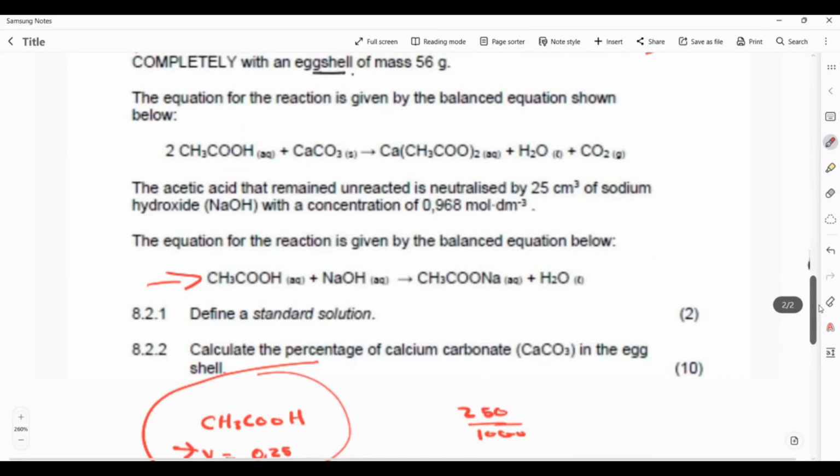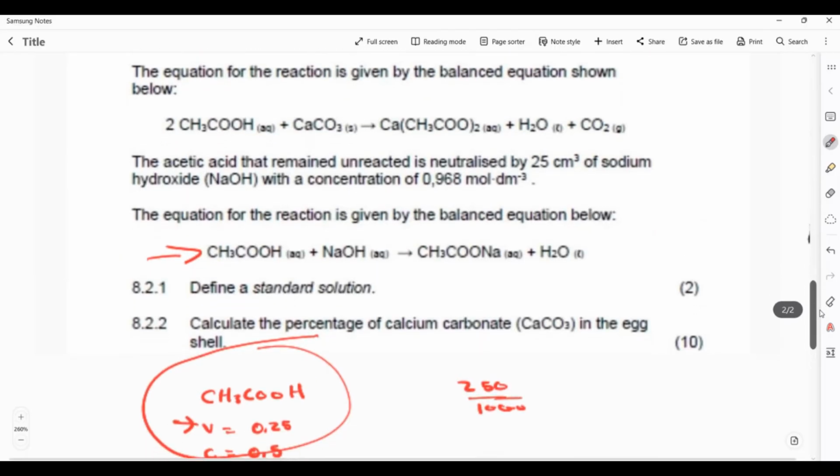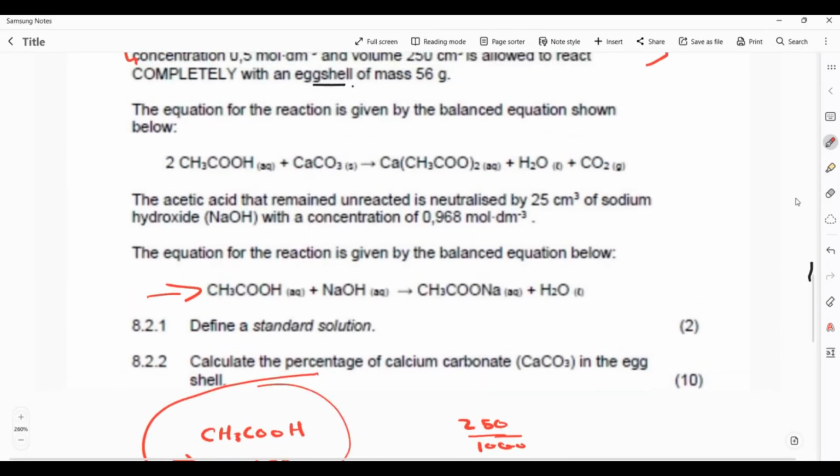Now, the second thing that you must do is come to the second equation and check the information that you have. They said the acetic acid that remained unreacted is neutralized by 25 cubic centimeters of sodium hydroxide with a concentration of 0.968 mole per cubic decimeter.